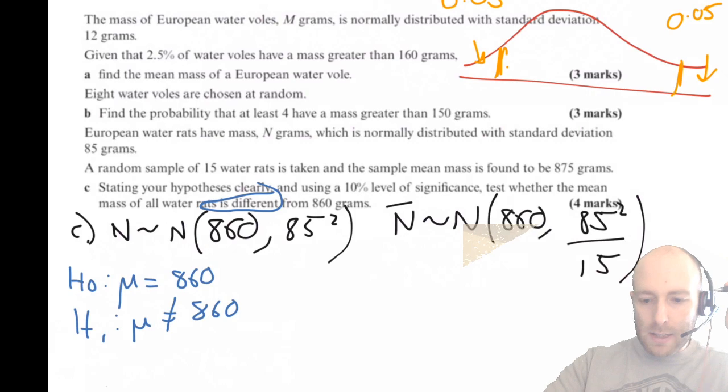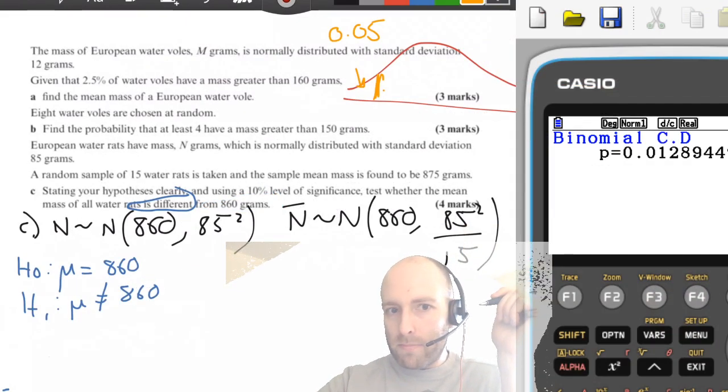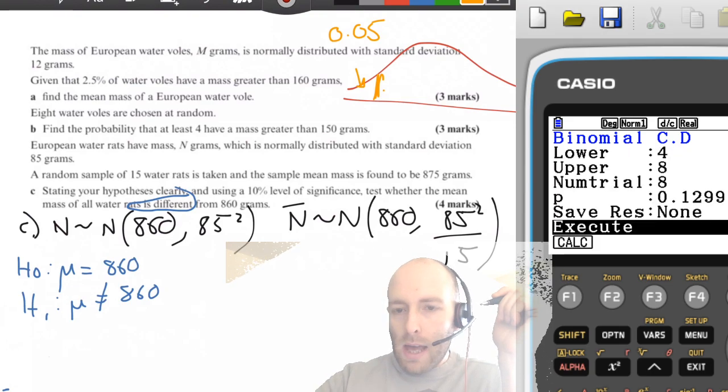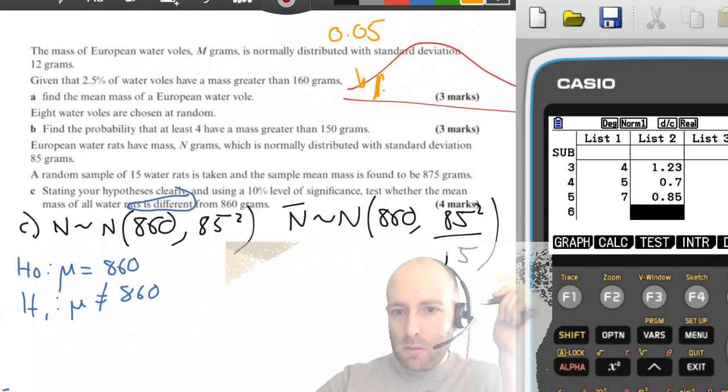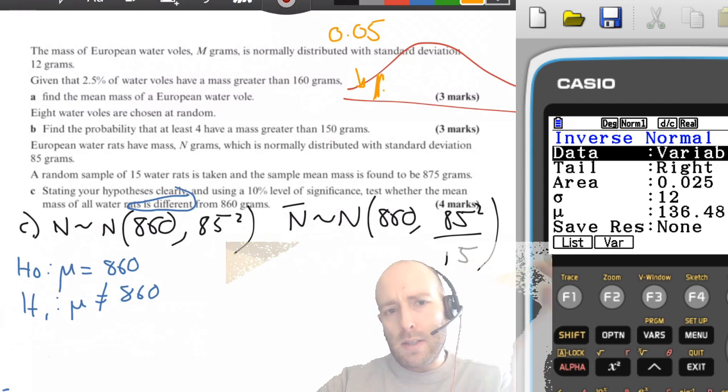Okay, so I can bring the calculator back. And this time we're looking at normal, inverse normal. We can do either tail because the percentage is the same each way.